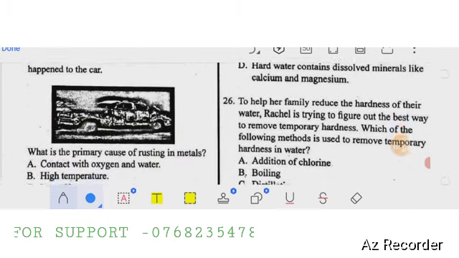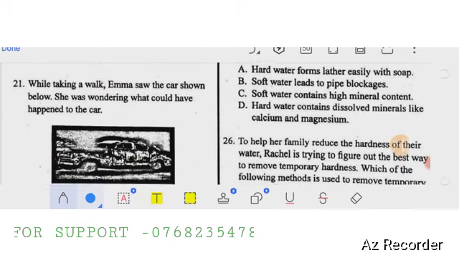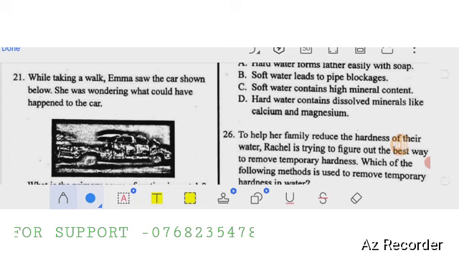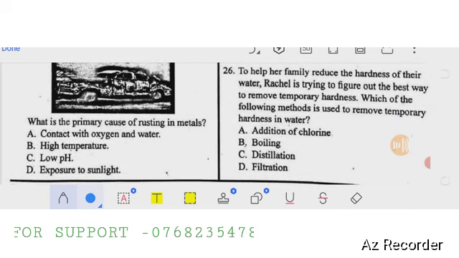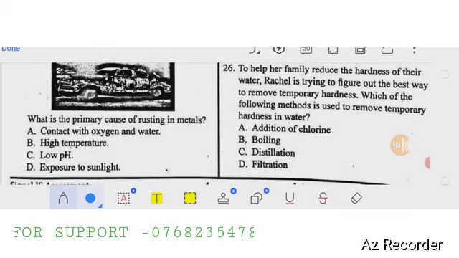Question 21. While taking a walk, Emma saw a car shown below. She was wondering what could have happened to the car. So that's the car. What is the primary cause of rusting? So for rusting, we have conditions necessary for rusting, and they are water or moisture, and oxygen or air.